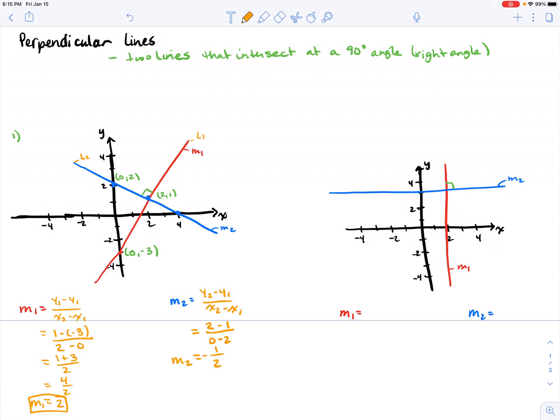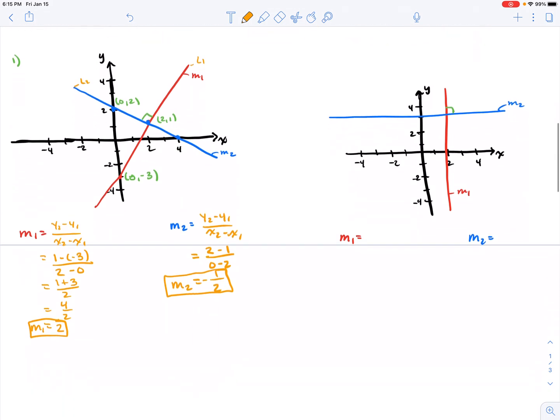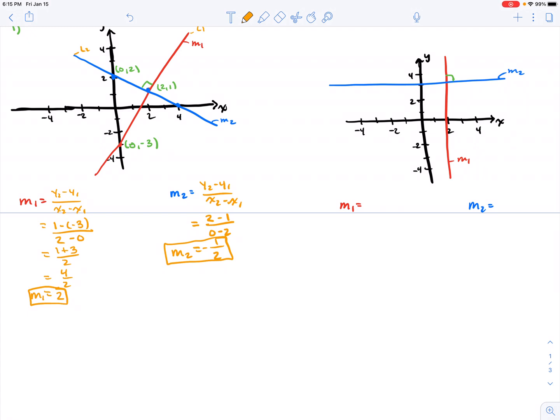So the slope of M2 is negative 1/2. Now, if I look at these two lines, I know that M1 times M2, what does that give me? I have the slope of 2 times negative 1/2. Of course, that gives me negative 1.